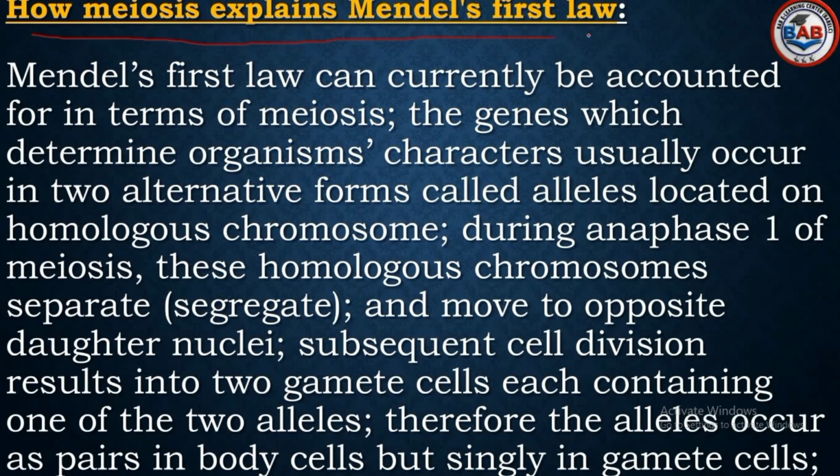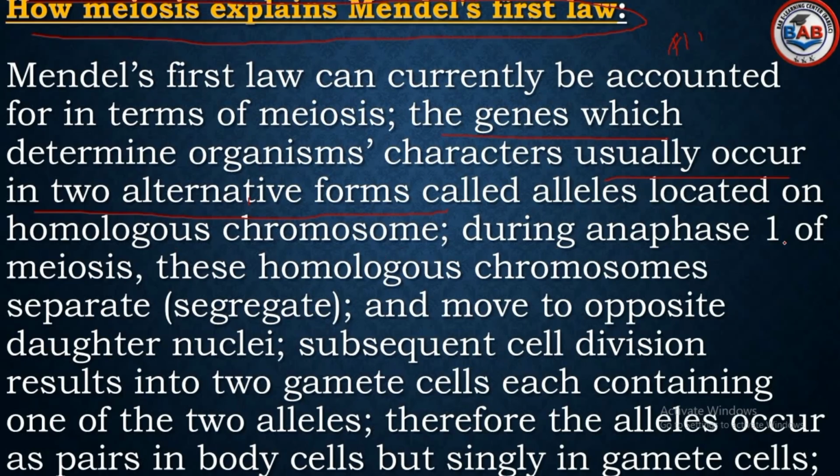How meiosis explains Mendel's first law of inheritance. The genes that determine an organism's characters usually occur in two alternative forms. Those are alleles, located on homologous chromosomes.